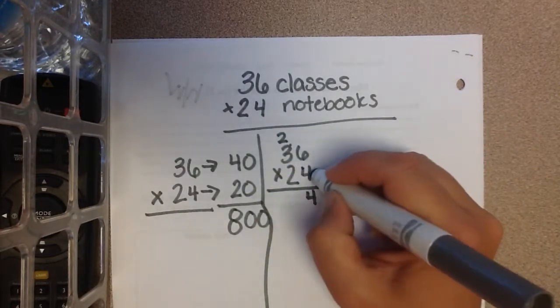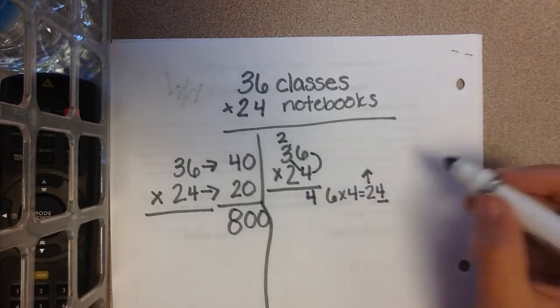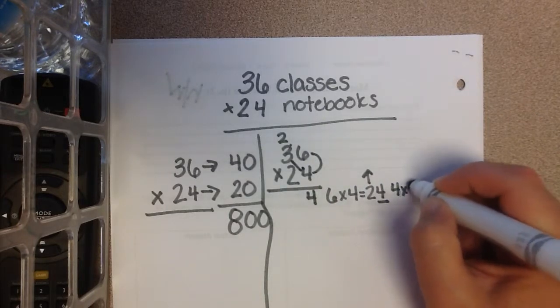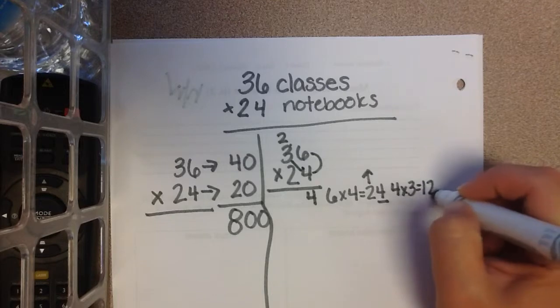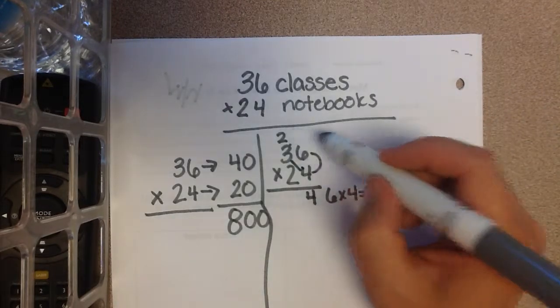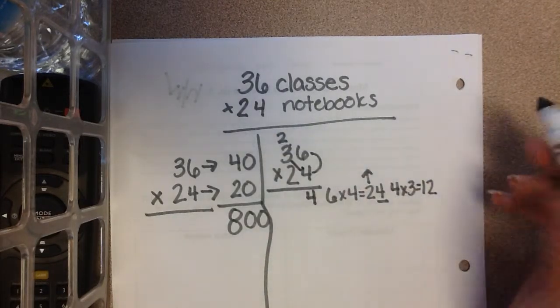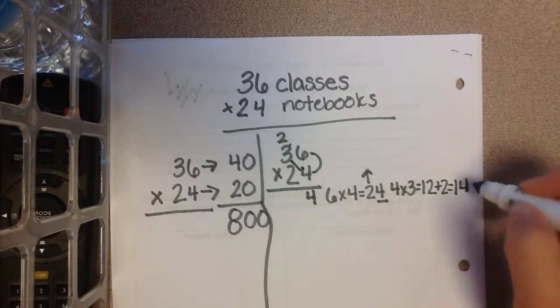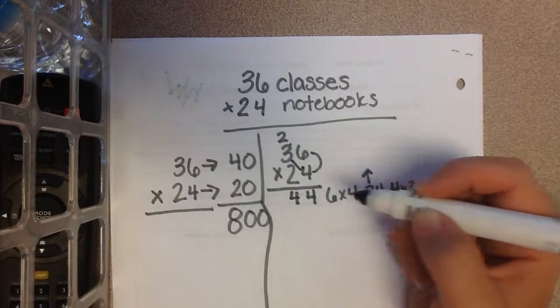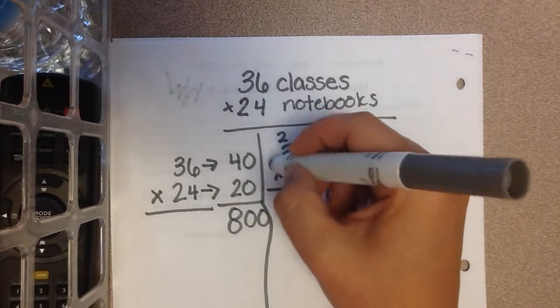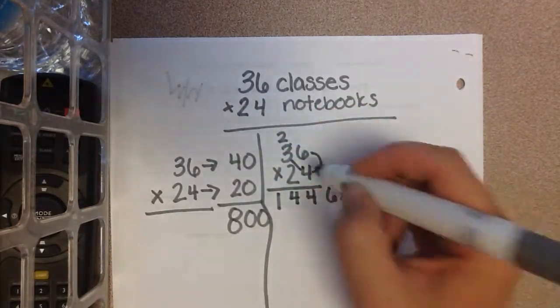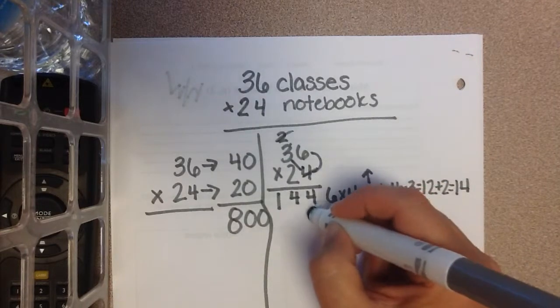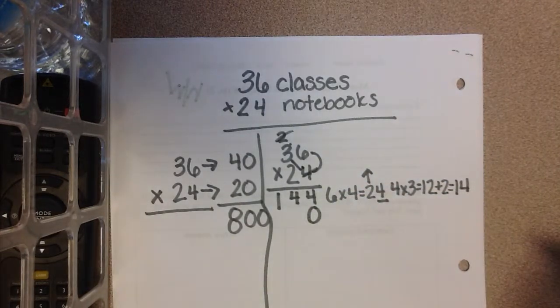Now I just did 4 times 6, now I'm going to do 4 times 3. Get 12, but I have to remember, add on that 2 that I carried. So I get a total of 14. Put your 4, carry your 1, but I don't have anywhere else to carry it, so I can write it there. Cross off, 0.